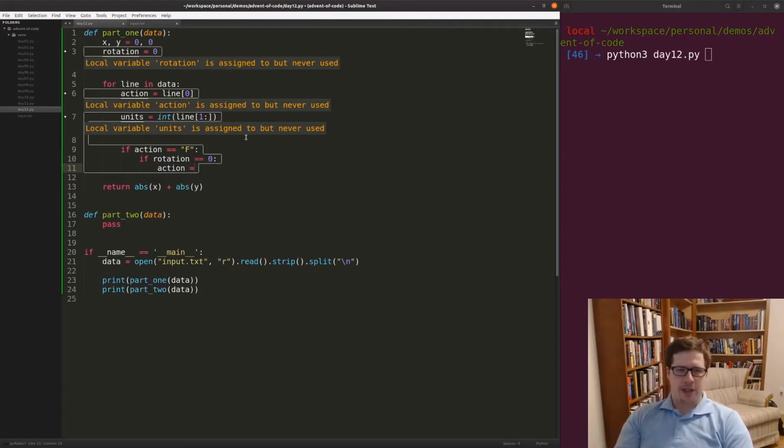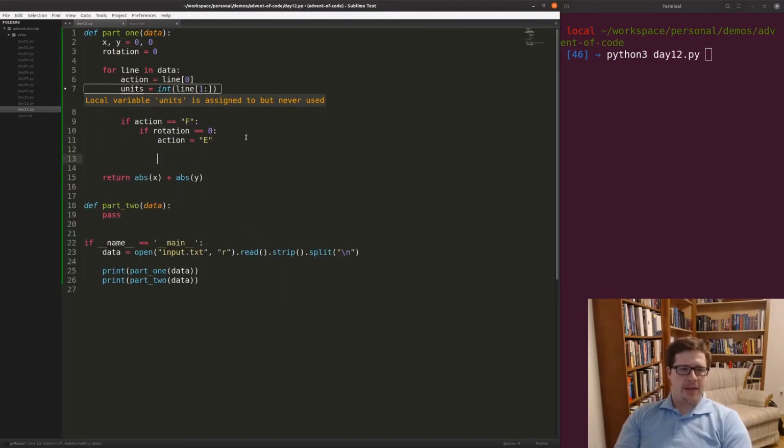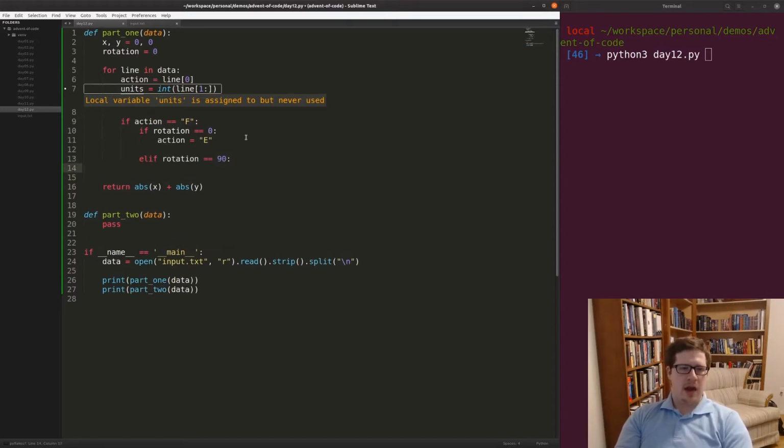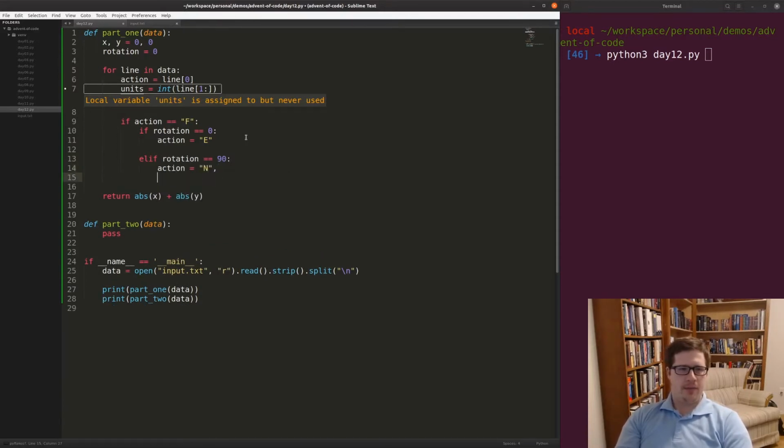Our action is going to be E. And if our rotation is 90, then our action is going to be north.